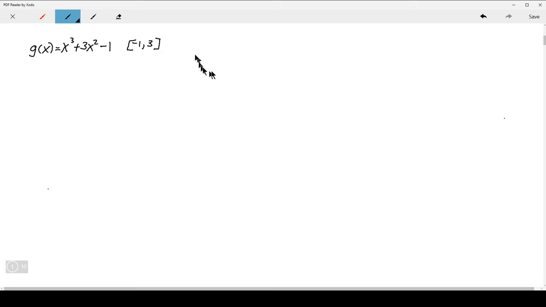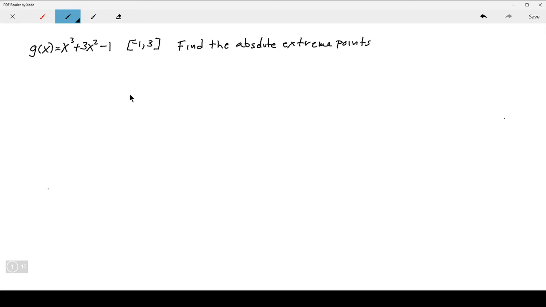The instructions here are to find the absolute extreme points. So step number 1 is absolute extreme points could occur at critical points. So the first thing you need to do is find the critical points.